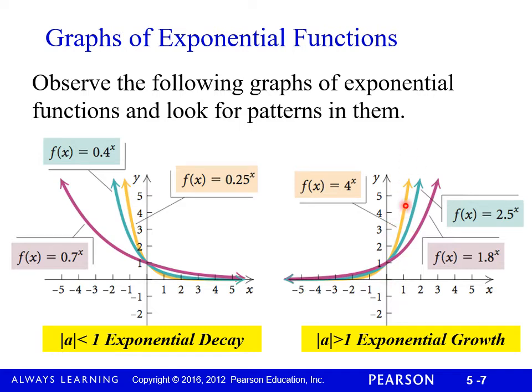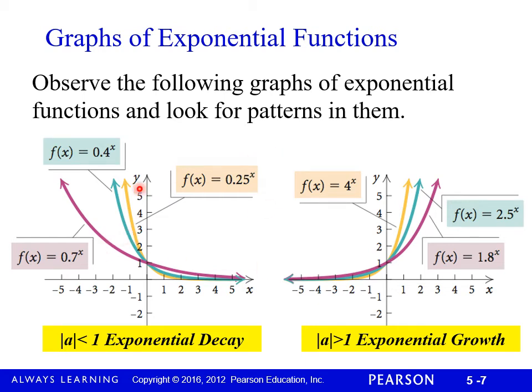So the y value would be growing much quicker. Here again, we see that the base is a positive number greater than 1. All our bases are positive, but here we have values greater than 1. So we don't have the fractional values from 0 to 1.